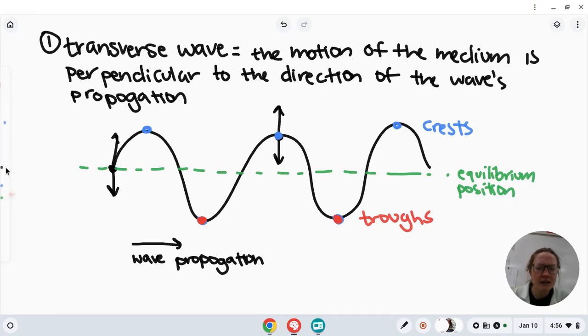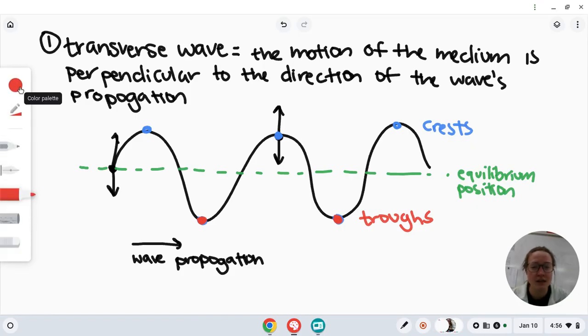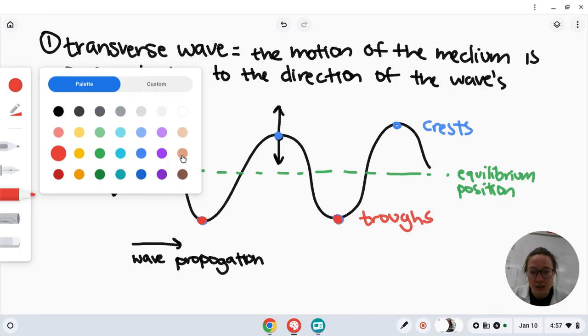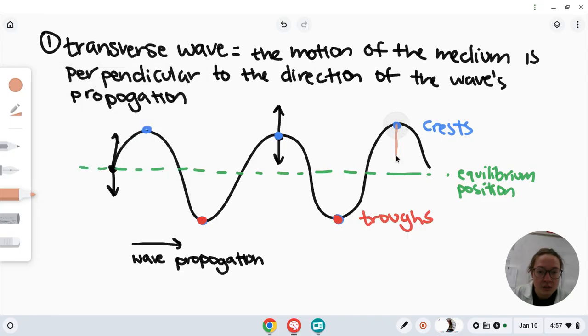Now, there are two ways really to talk about how big a wave is. The first way is to talk about how tall it is, and the second way is to talk about how long a wave is. We talk about the amplitude of a wave, which I'll show you here. The amplitude of a wave is the height of the wave, which we measure from the equilibrium position to the top of the crest, like this.